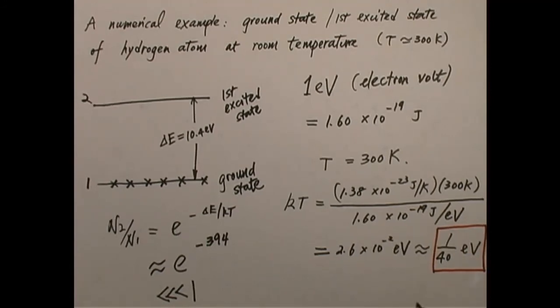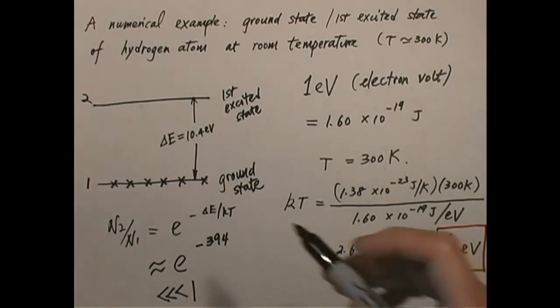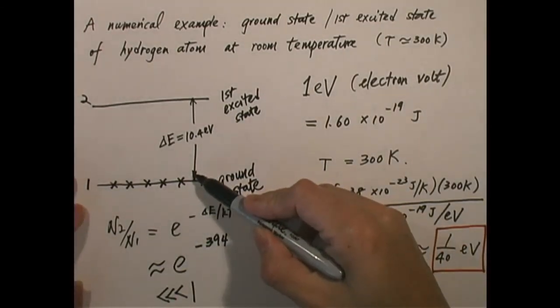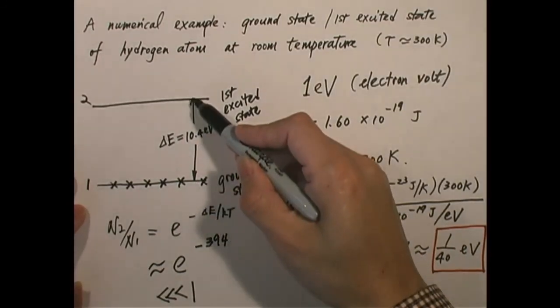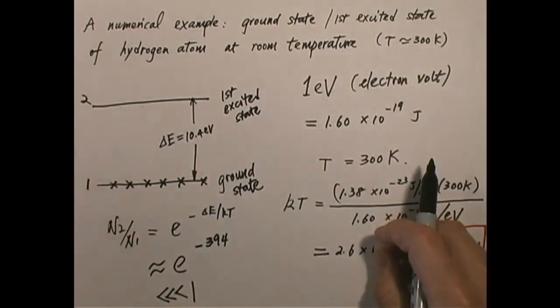As they bump into each other, part of the energy can be exchanged from one particle to another. But what that tells us is that in a typical collision, the energy that changes hands from one atom to another, or from one molecule to another, is typically only 1/40th of an eV. Is that enough for that particle to jump from downstairs to upstairs, crossing a gap of 10.4 eV?